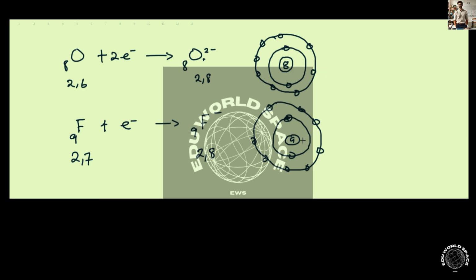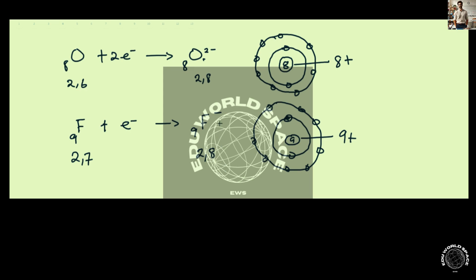If this is what is happening, what would determine the size of these two diagrammatic representations is the charge in the nucleus. Here we have 9 positive, and here we have 8 positive. Just like electrons and protons, they attract each other. The more the positive charge, the more the attraction, and the smaller the size, because the positive charge pulls the shell closer to itself, which decreases the size of the atom.